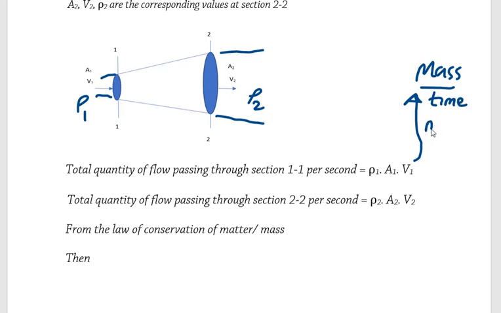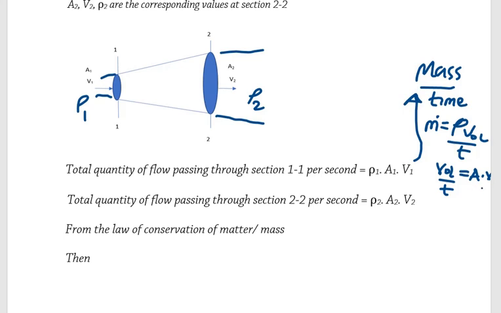But remember, mass M is equal to density times volume. So if it is mass per unit time, it will be over time. Since this is volume, volume per unit time can be given by area times velocity.